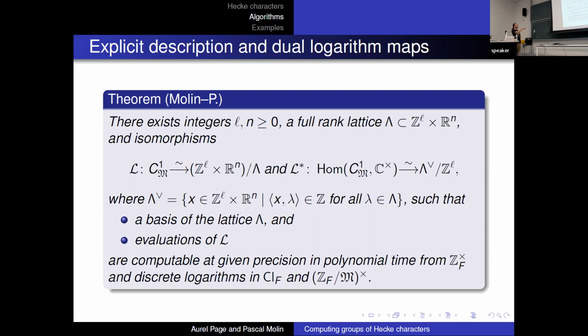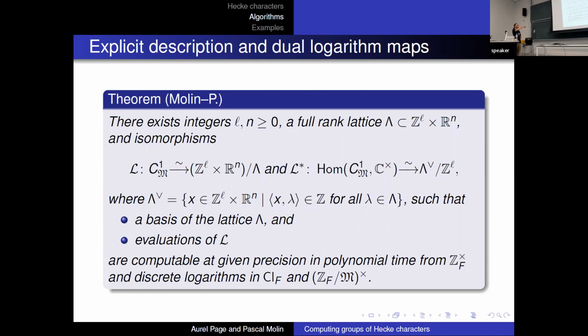There are two integers, l and n, and a lattice Lambda in Z^l times R^n, which is explicitly described in terms of the class group, units, and S-units of the field, and an explicit logarithm map from this idèle class group that may seem somewhat complicated, but just becomes a quotient of this form, this simple group modulo a lattice, and a dual map from the characters to the dual lattice of Lambda, modulo Z^n.